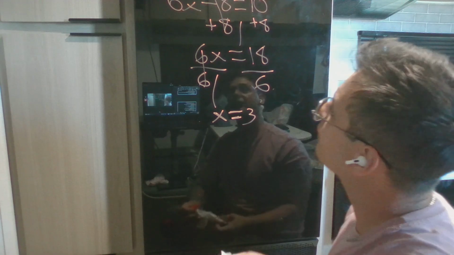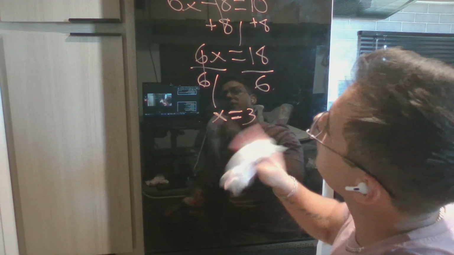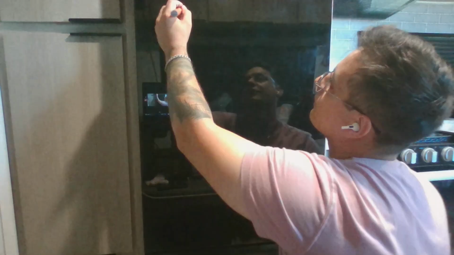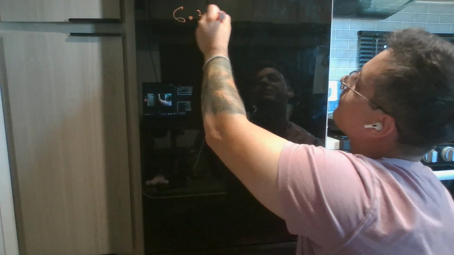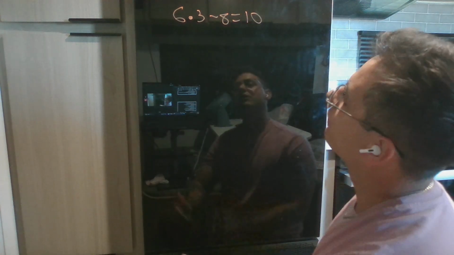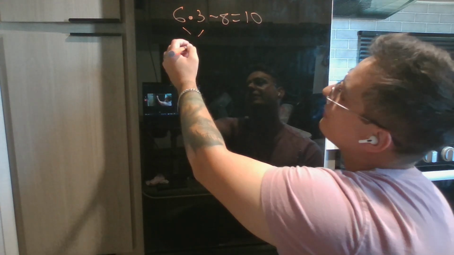How do we figure that out? We plug it back into our equation. All right, so we'll do 6 times 3 minus 8 equals 10. Let's figure that out. 6 times 3, that's going to be 18.